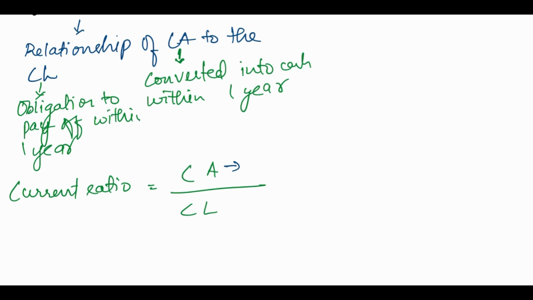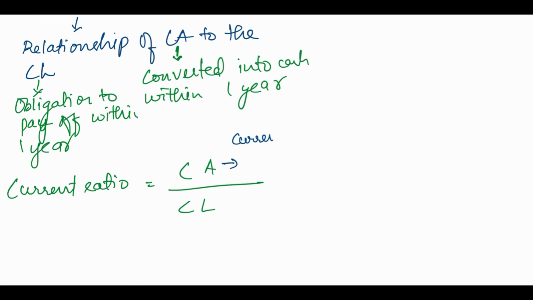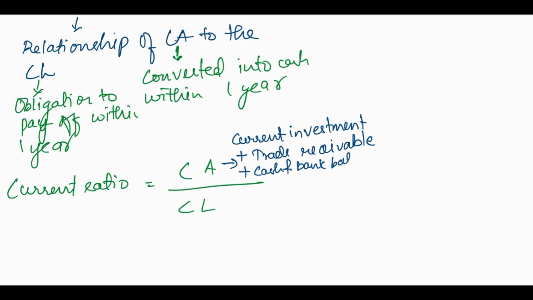Current asset includes current investment plus trade receivable plus cash and bank balance, then advances, then other current asset. Okay, these things will be included in current asset.